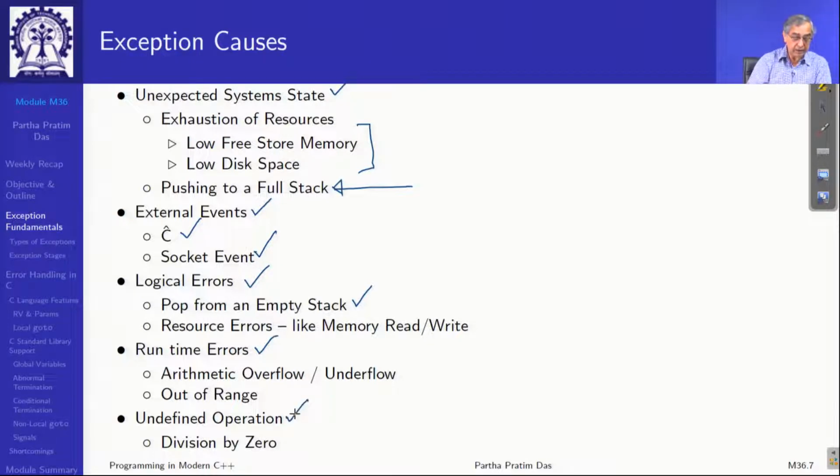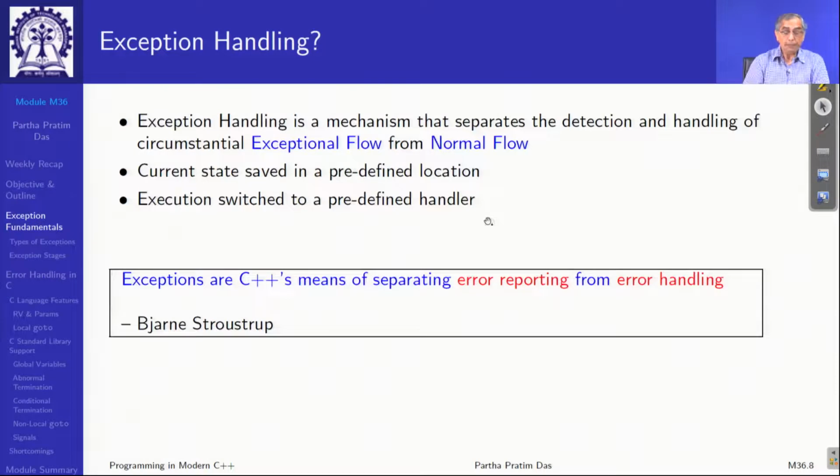Actually, this is undefined, not exactly a runtime error. So, there could be different causes of exceptions, and the programmer has to handle all of that together. Now, in the world of C, since the programmer has to handle this, there will be code to detect such errors happening, to take care of that, to handle that, and to come back and continue the program.